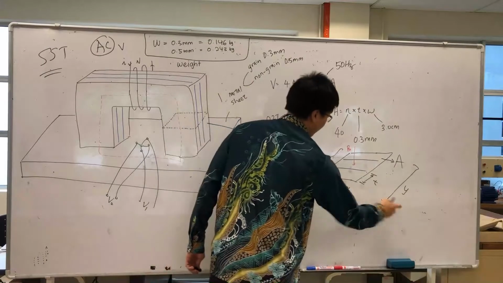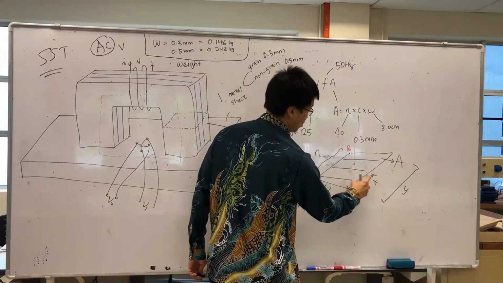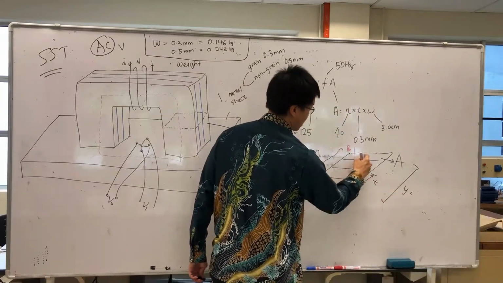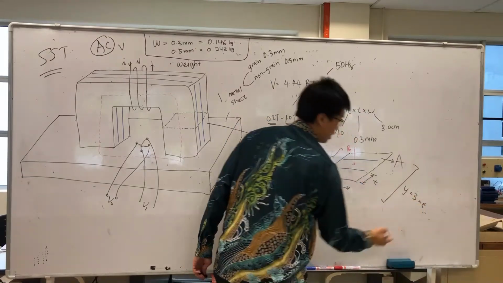My Y is the thickness of a piece. In this case I have 3 pieces with this thickness, so my Y is 3 times T.